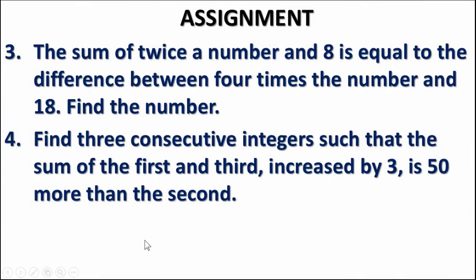The sum of twice a number and 8 is equal to the difference between 4 times the number and 18. Find the number. Lastly, problem number 4. Find 3 consecutive integers such that the sum of the first and third increased by 3 is 50 more than the second.